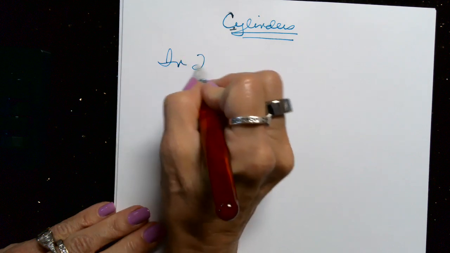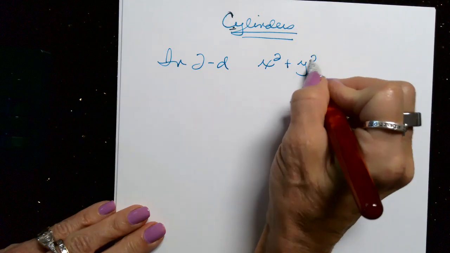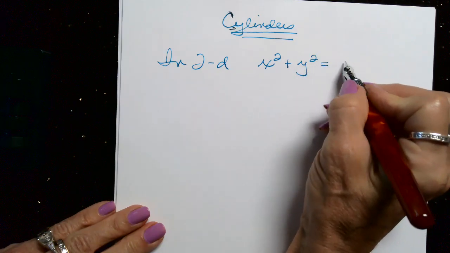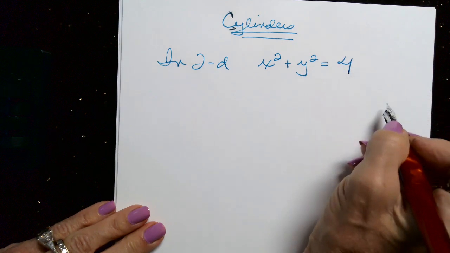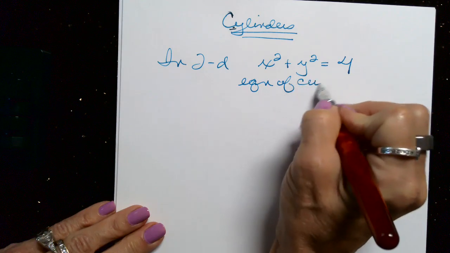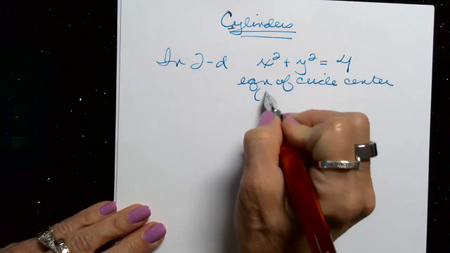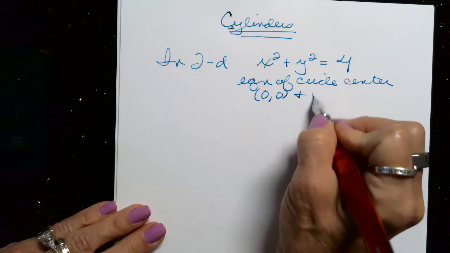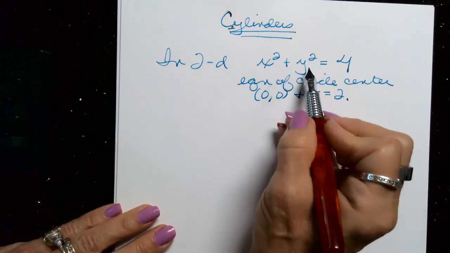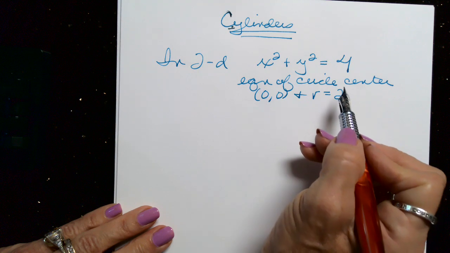In 2D, if you look at something that has the equation x squared plus y squared equals, I don't know, 4, that's the equation of a circle with center 0, 0, and radius 2, right? In fact, if you had x squared plus y squared equals r squared, then the radius is r and the center is 0, 0.